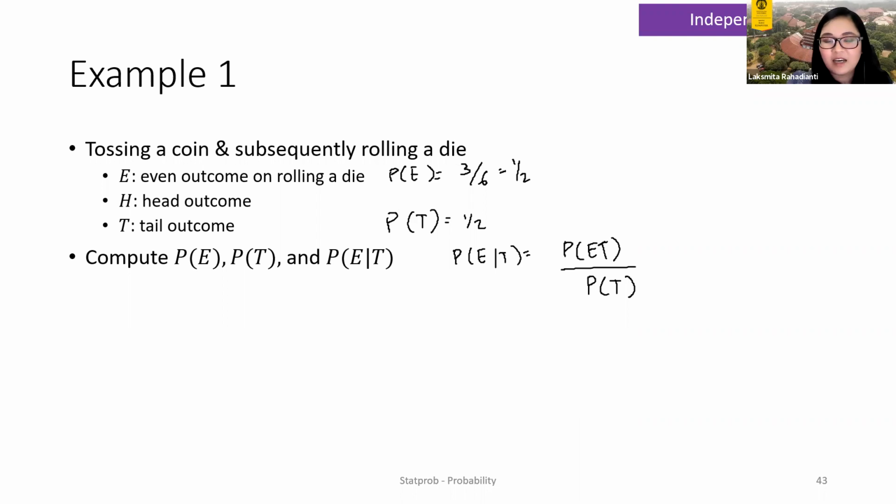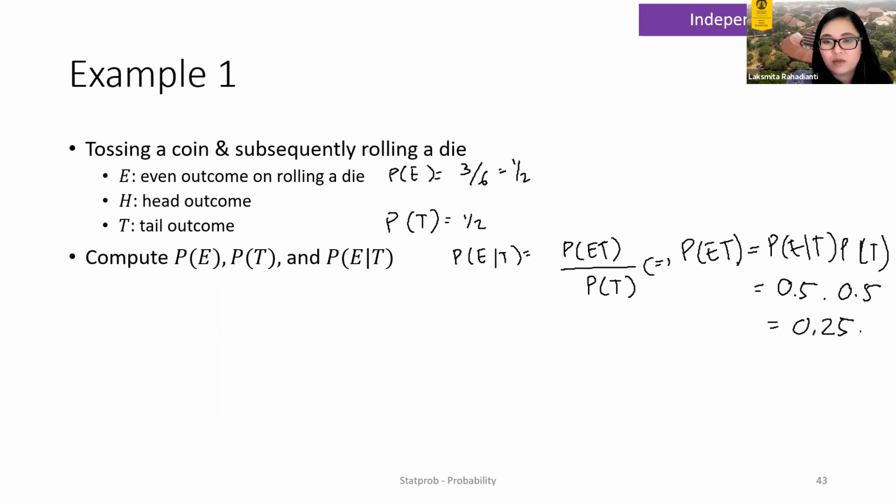The intersection can also be written as P(E and T) equals P(E given T) P(T). And P(E given T), it genuinely doesn't matter, right? Whatever happens with T, it does not affect E. So we know that this is 0.5 and this is also 0.5. And this equals 0.25.